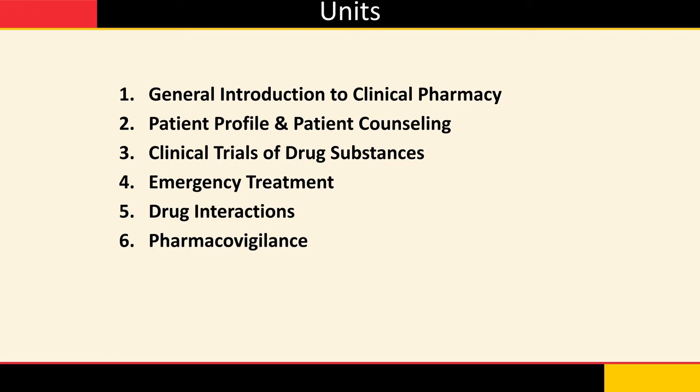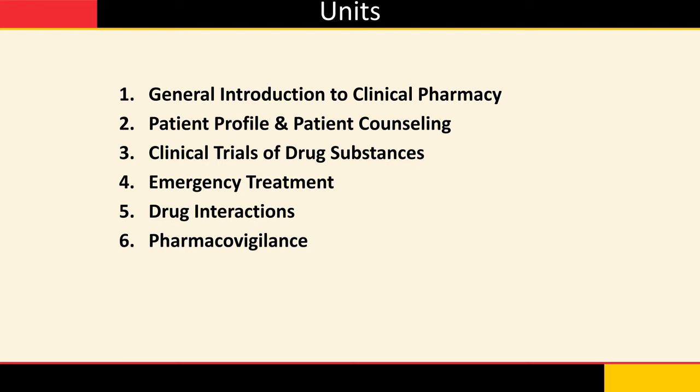Finally, we will discuss pharmacovigilance, which is the practice of monitoring the effects of medical drugs after they have been licensed for use, especially in order to identify and evaluate previously unreported adverse reactions. No drug which is pharmacologically effective is without hazard.